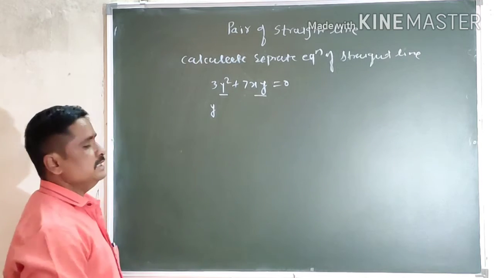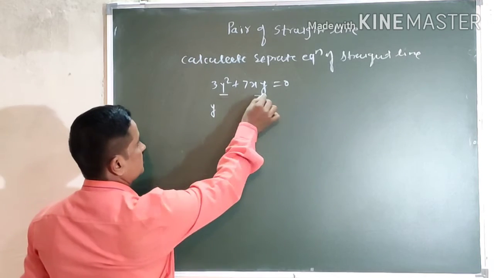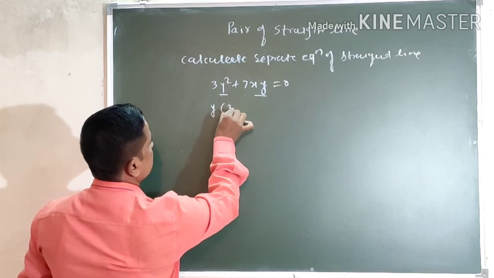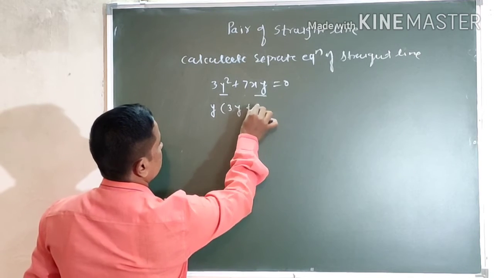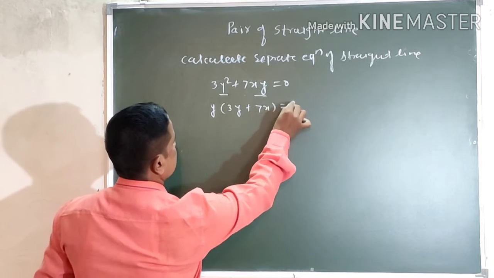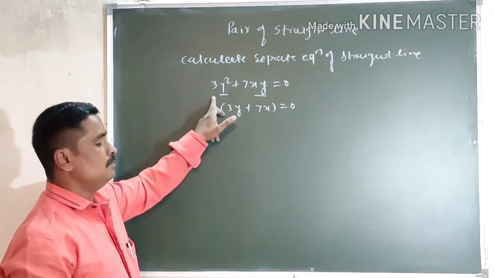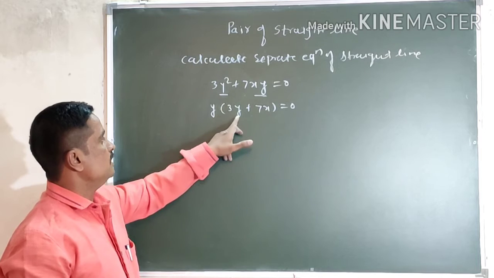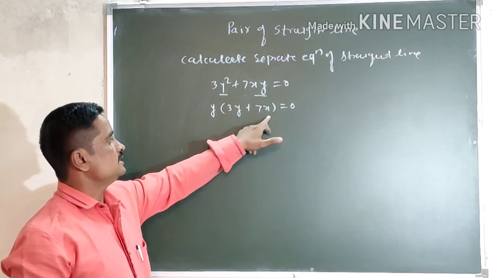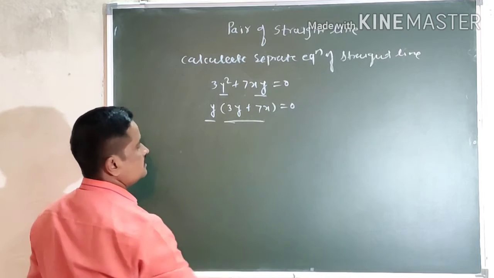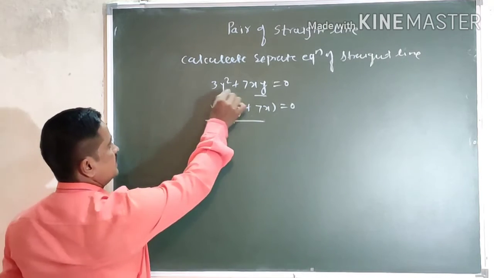Observe this, there is a common factor, so we take y common. So it is y into 3y plus 7x equals 0. That means these are the two factors of this equation.